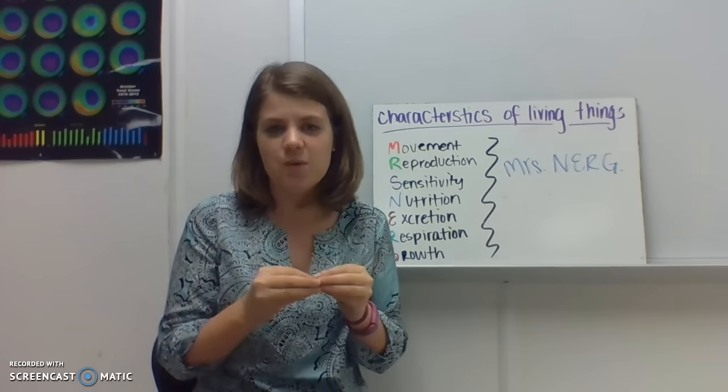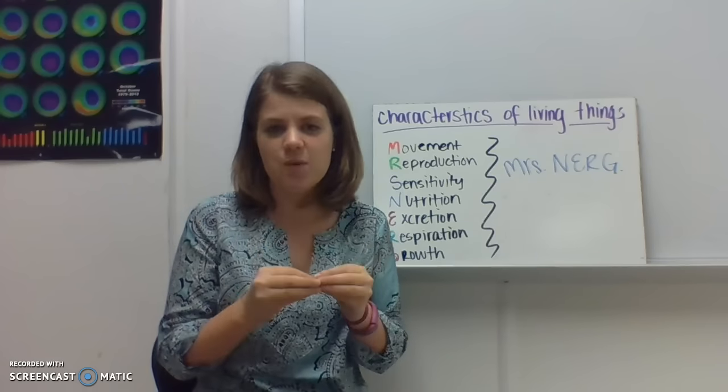It might respond if it has a lack of nutrients. It might respond if it has a lack of water. It might respond if it encounters a virus or another cell. So these are different kinds of things that can happen to that cell. It's going to be sensitive to those if it's a living thing.